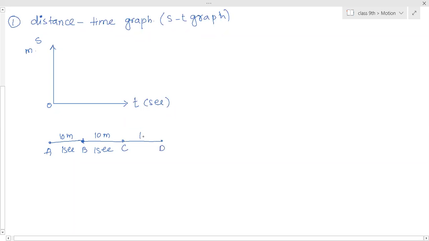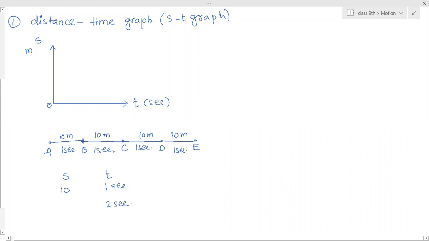Again from C to D, 10 meters in the next 1 second. D to E, 10 meters in 1 second. Now in this case, we have different values of distance and different values of time. First, 10 meters is covered in 1 second. Now in 2 seconds, how much distance is covered?